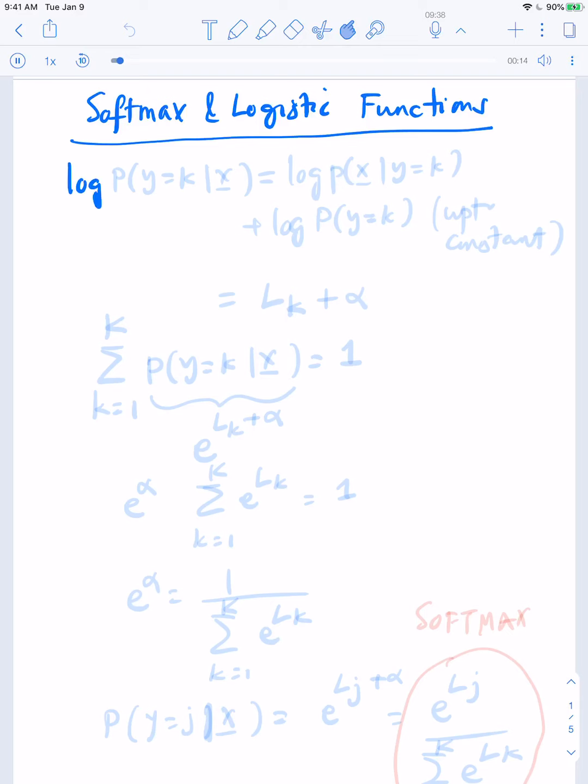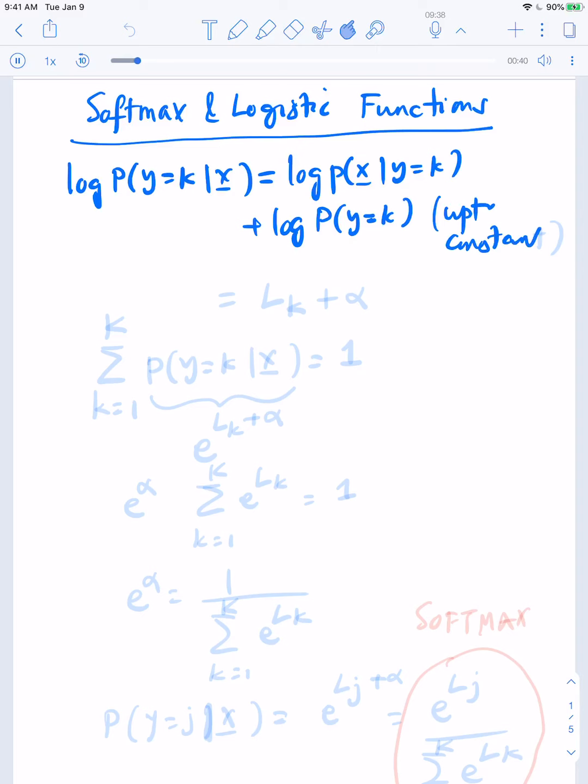The posterior probability of a class given a data point is, by Bayes' rule, the log of the probability of the data, plus the log of the probability of y equals k, and this is up to a constant, because remember we also divide by the probability density of x, which we are just dropping from here.